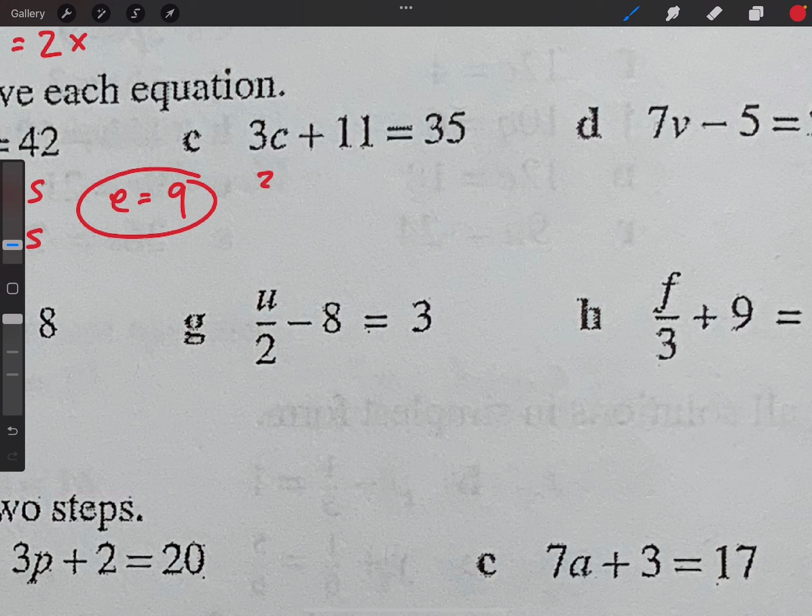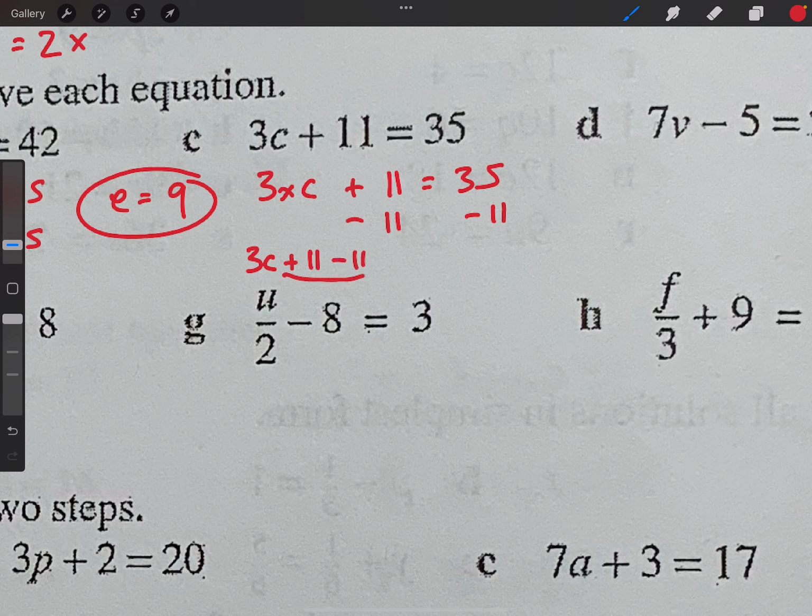So here you've got 3 times c plus 11 equals 35. The first thing I'm going to do is get rid of this 11 here, so I'll just minus 11 from both sides. Both sides of what? Both sides of the equal sign. On the left hand side, you're going to have 3c plus 11 minus 11.